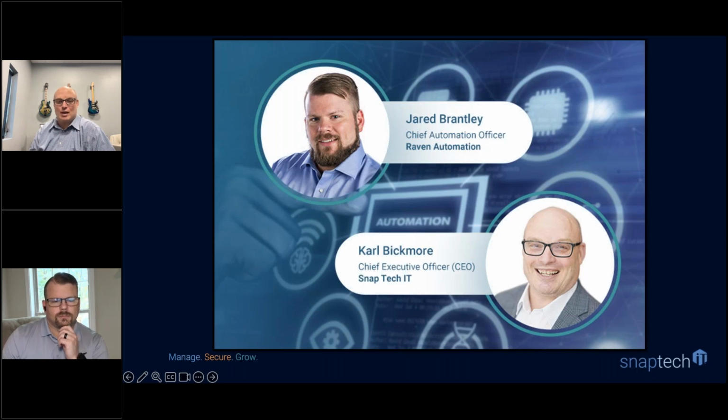These are two different companies and entities, but we use an automation company in SnapTech IT called Raven Automation, and I'm part of the ownership of Raven Automation as well. Back in the day, Jared and I have been working together for a while. Jared actually used to work for SnapTech IT as well. So this is really a presentation from SnapTech's point of view, but we do have these different organizations doing these different tasks now. That's just an interesting point of how things have developed.